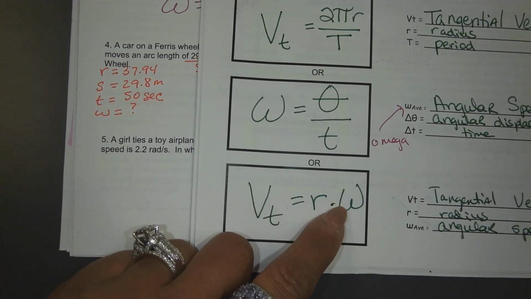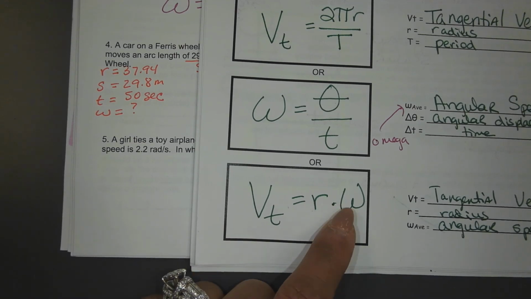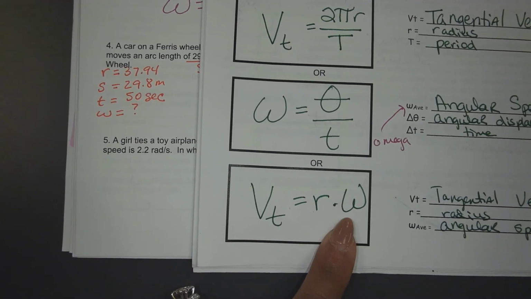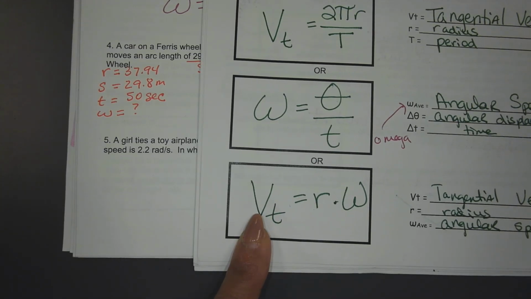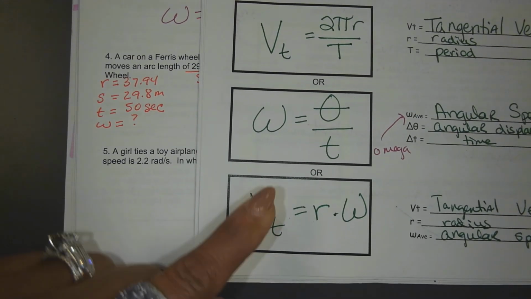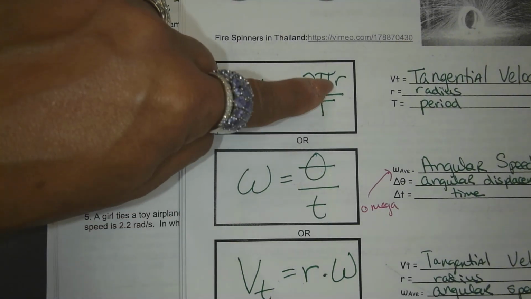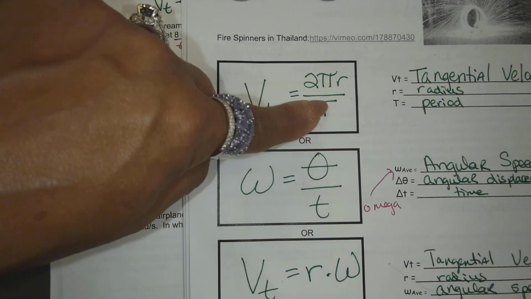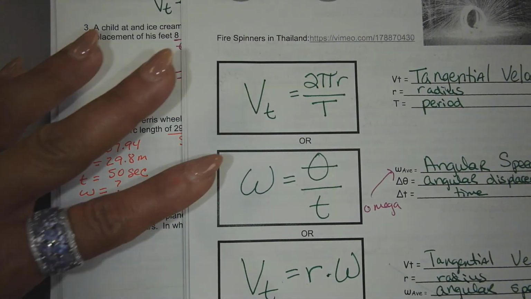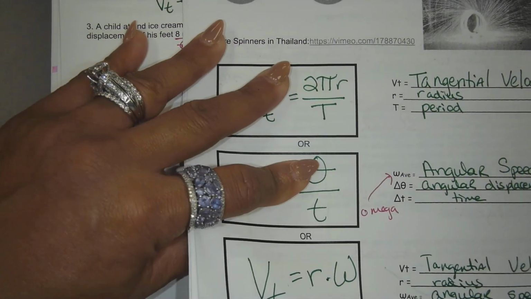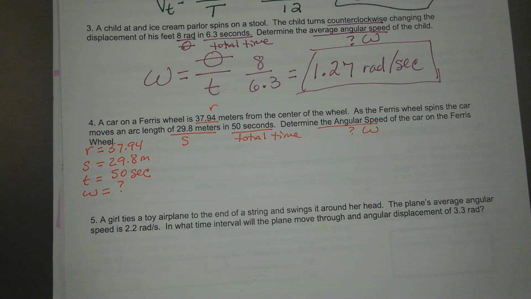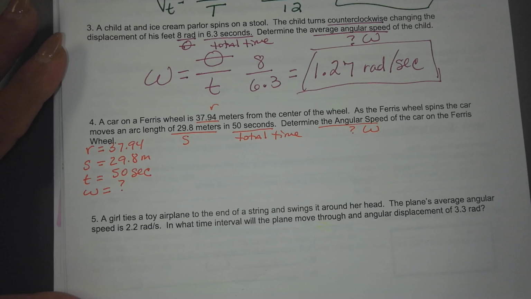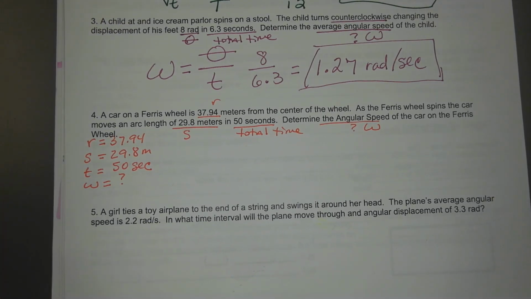This one has an angular speed, check, which is what I'm looking for. I have R, check, but I don't have tangent velocity. And I can't even come over here to find tangent velocity because I don't have period. There's more than one way to skin this cat. Okay, so what we could do is a 2-step problem.